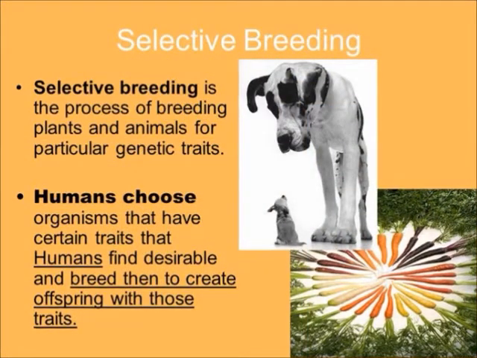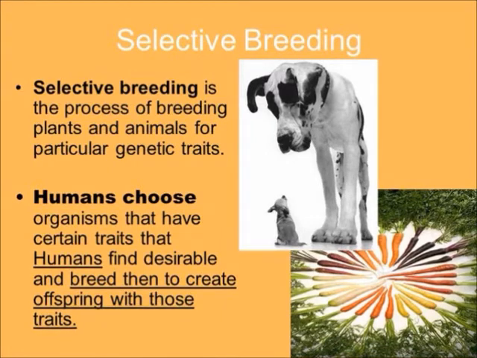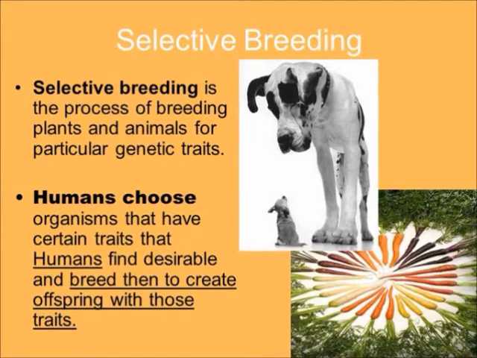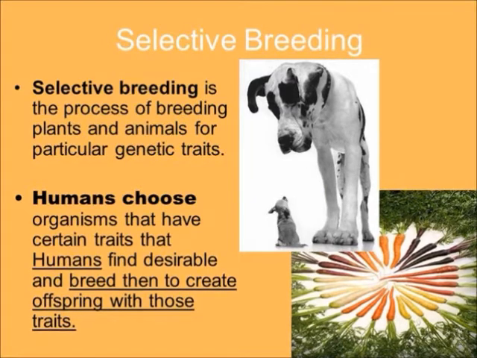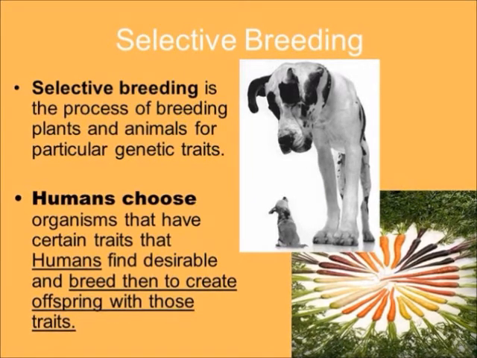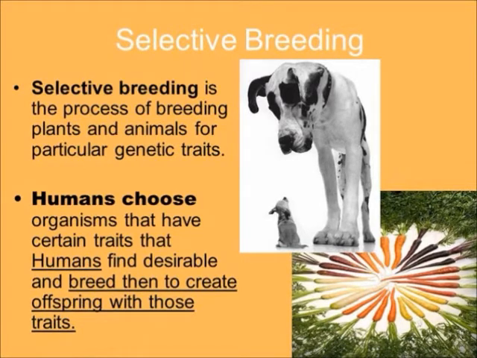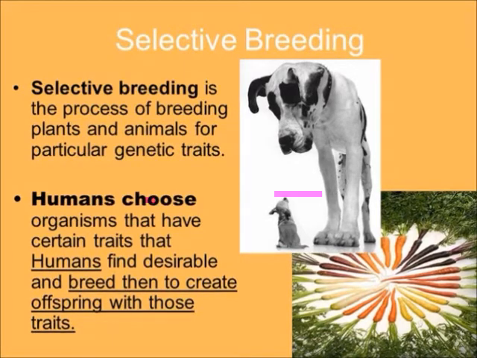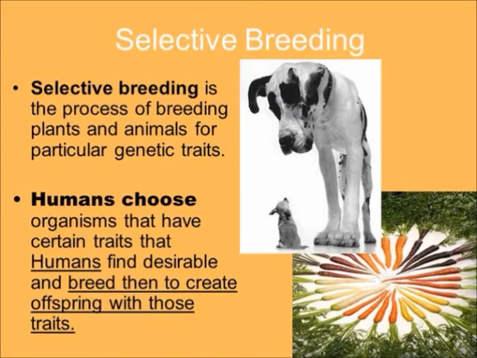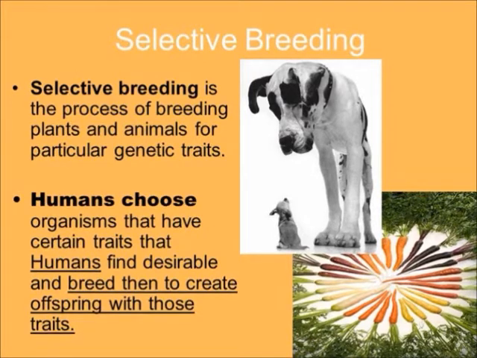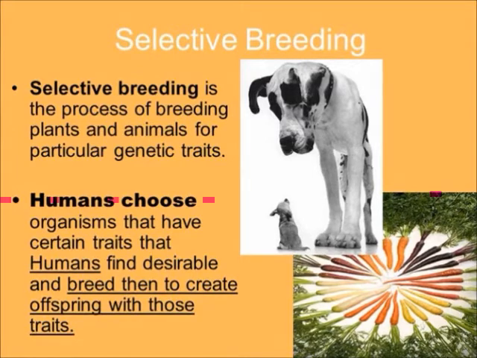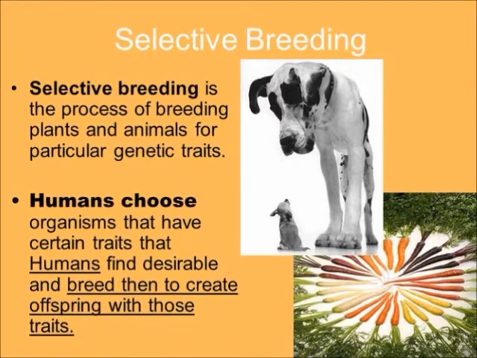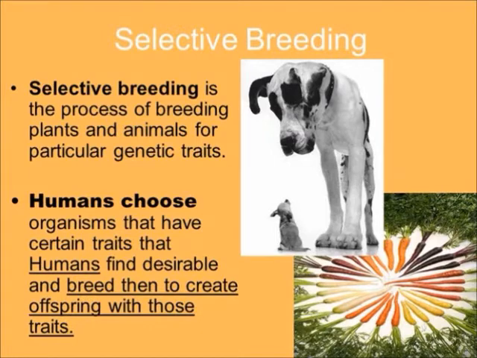Now, selective breeding is, well, it's the process of breeding plants and animals for something that we as humans really like. It can be something very practical, like more meat on a cow for beef, or something we just think is kind of cute, like a Chihuahua maybe we like because it makes a good lap dog.